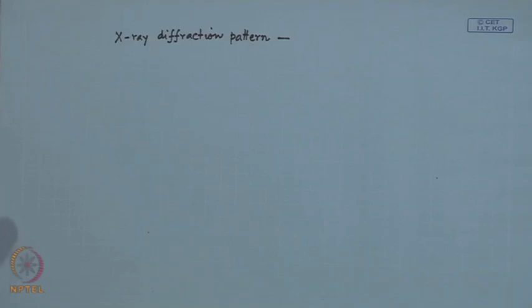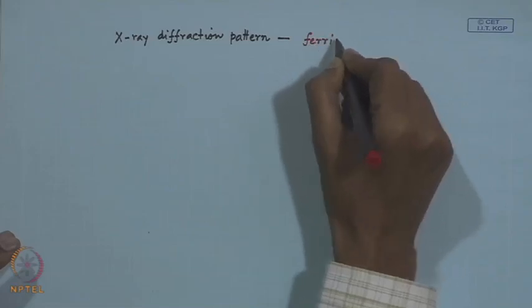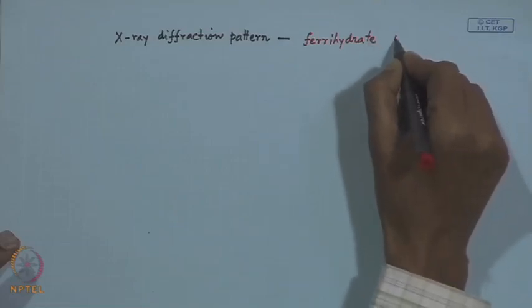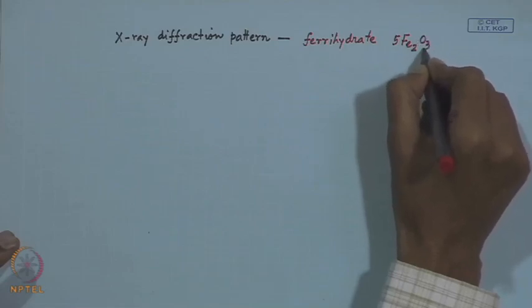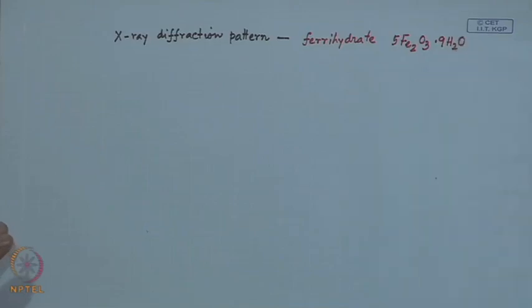So, for a powder X-ray diffraction pattern of the ferritin core, what you have in your hand, you determine the corresponding X-ray diffractogram in the powder form and you compare with the known iron minerals what we can have in our hand, and that basically gives us that it is similar to that of your ferrihydrite molecule, which is known to us, which is 5 Fe2O3 9 H2O.